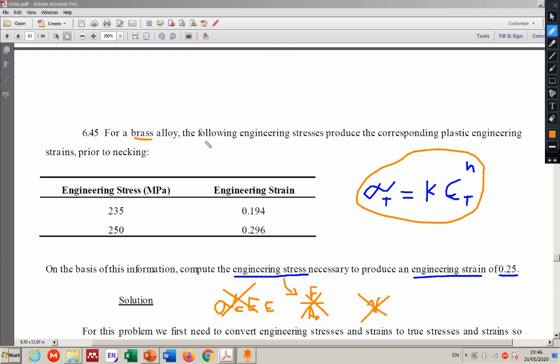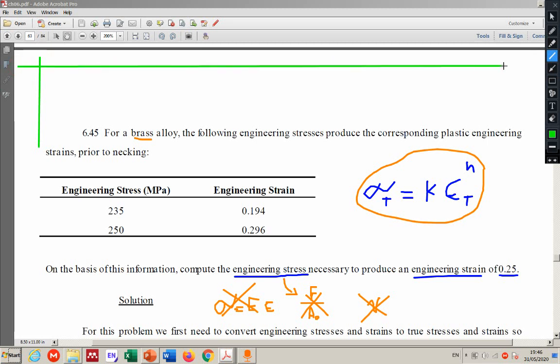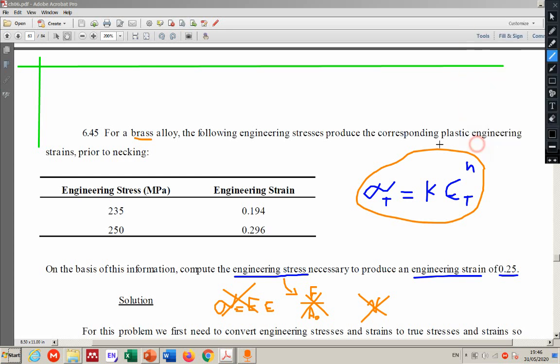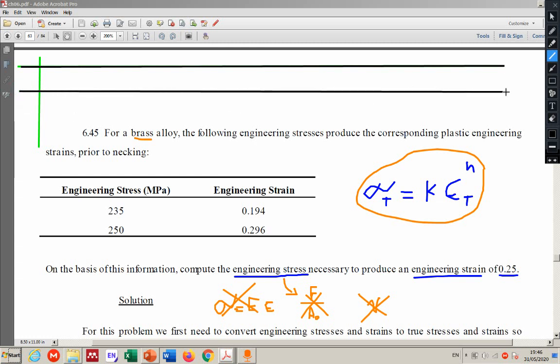I can just simply draw a table here. Now I will make a table here.